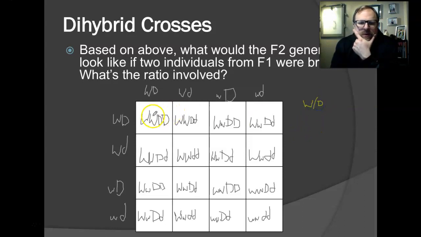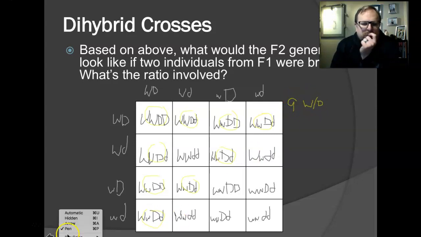Okay, and so that is a big W and a big D. So that's this individual, that one. So we're at 4, 5, 6, 7, 8, and 9. So we have 9 individuals who are going to have white fruit that is disc shaped.